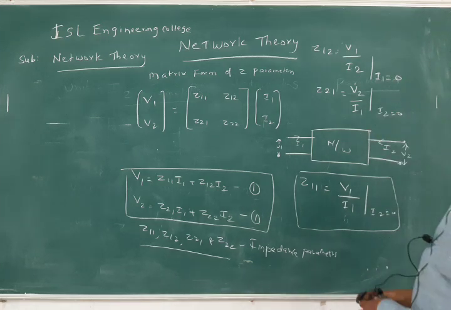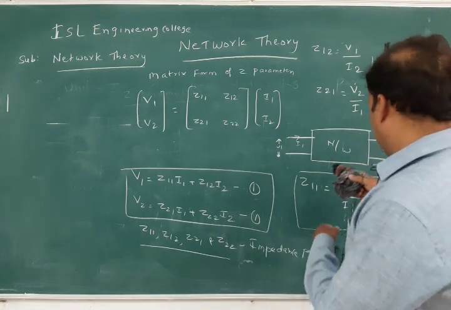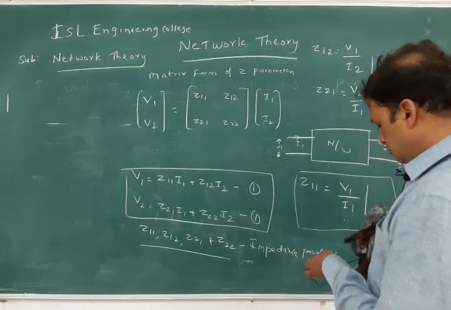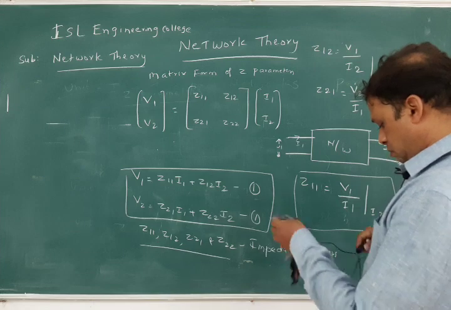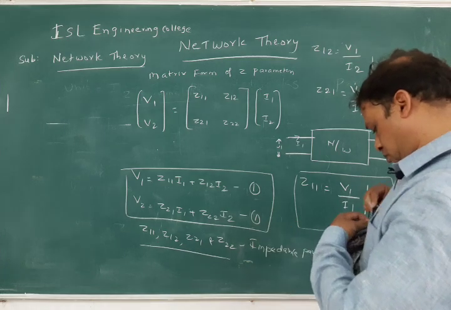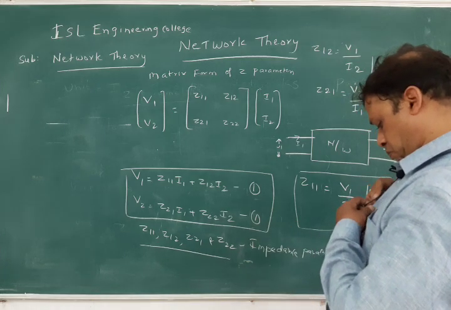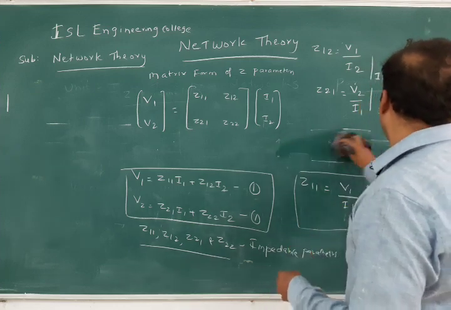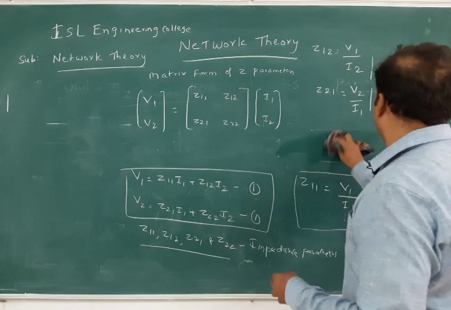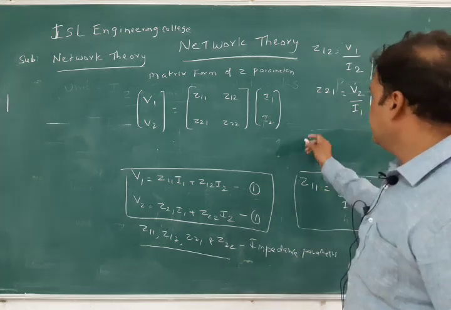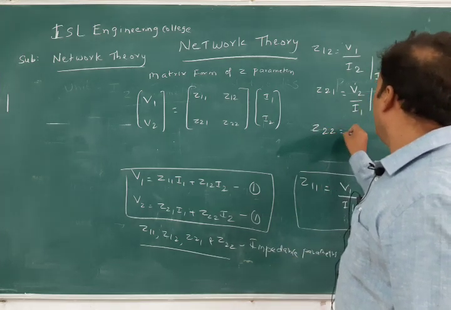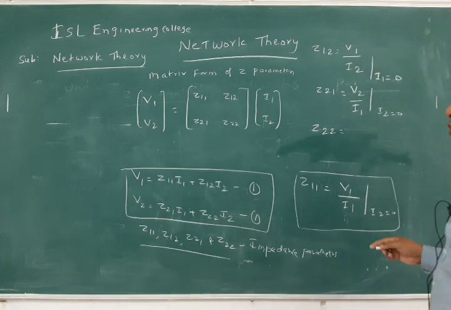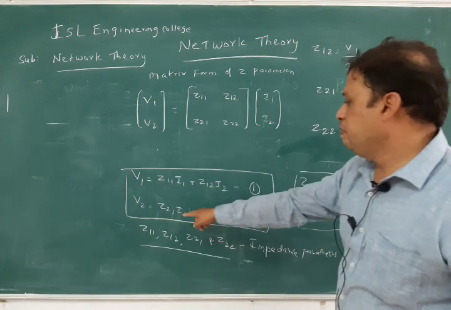And one more thing you want to find out is Z22. If you want to find Z22, then I1 should be 0.